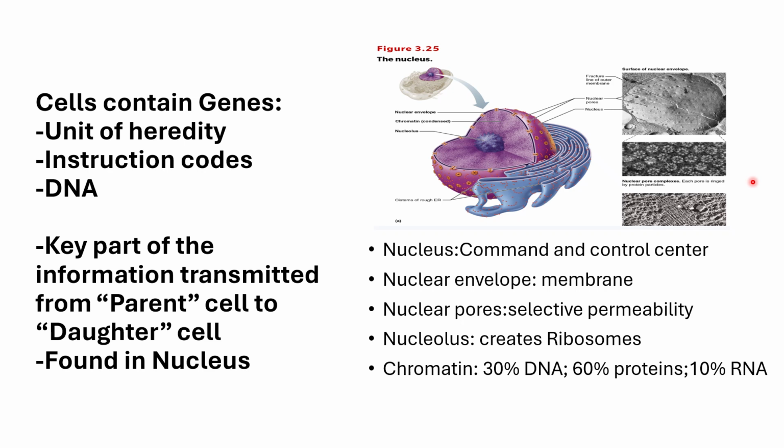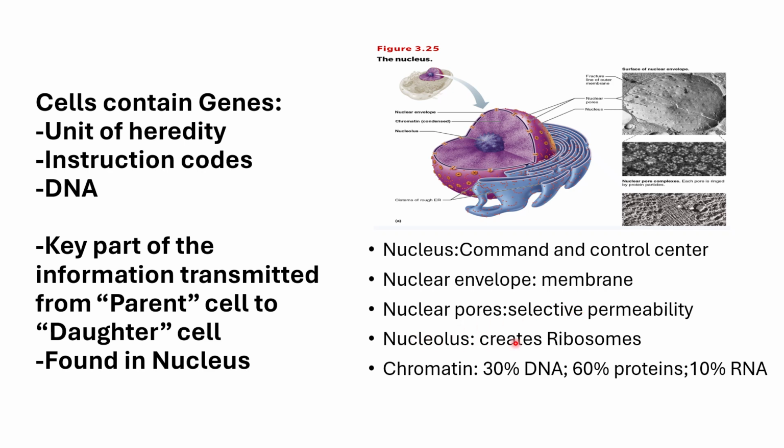The nuclear envelope is the membrane around the nucleus. The nuclear envelope has pores in it, these little holes. And the little holes, the pores, have selective permeability. So they have selective things that can enter and exit the nucleus.